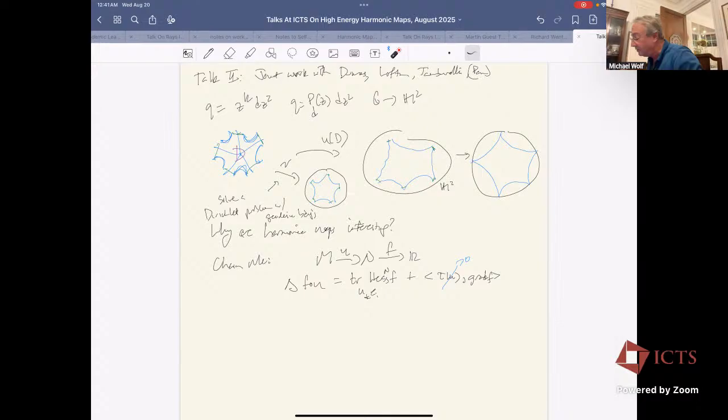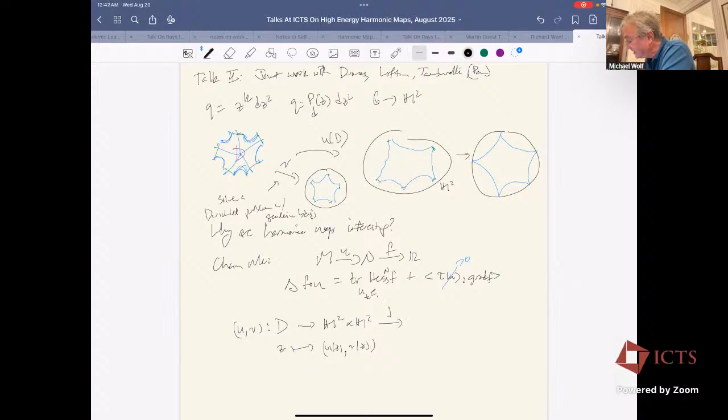So really we have two maps, U and V. These are taking D into H2, but really into H2 cross H2. So z goes to U of z, V of z as a pair.